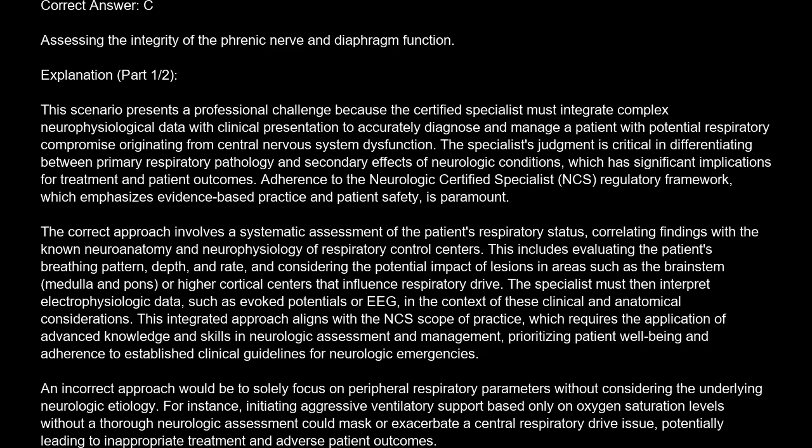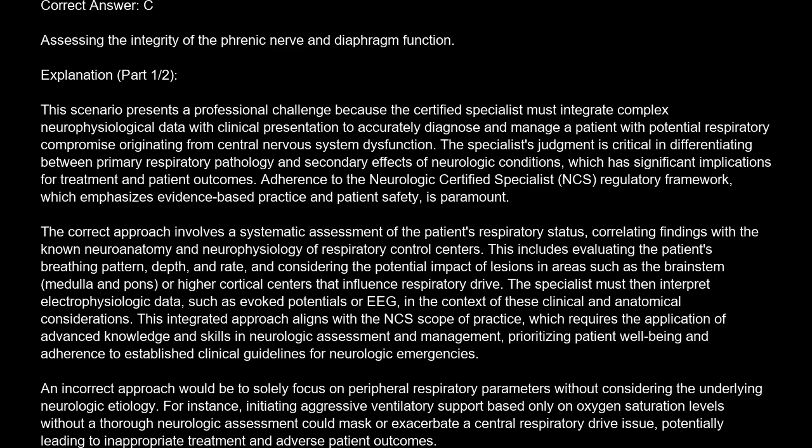Adherence to the Neurologic Certified Specialist (NCS) regulatory framework, which emphasizes evidence-based practice and patient safety, is paramount. The correct approach involves a systematic assessment of the patient's respiratory status, correlating findings with the known neuroanatomy and neurophysiology of respiratory control centers. This includes evaluating the patient's breathing pattern, depth, and rate, and considering the potential impact of lesions in areas such as the brainstem, medulla and pons, or higher cortical centers that influence respiratory drive.